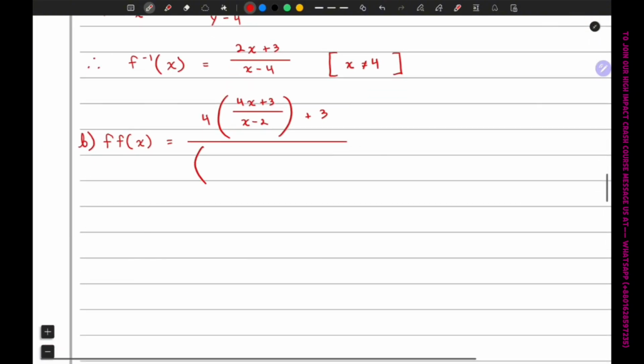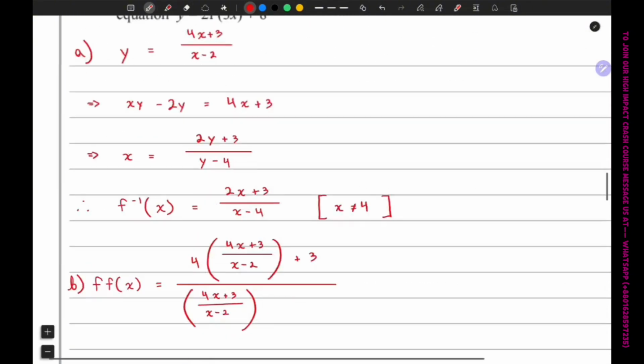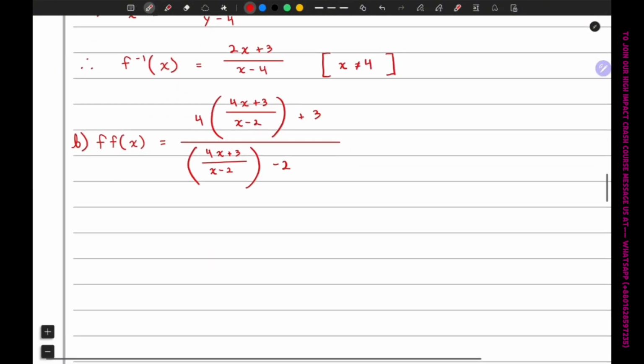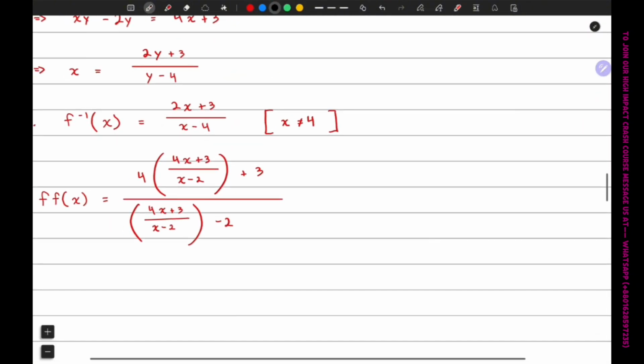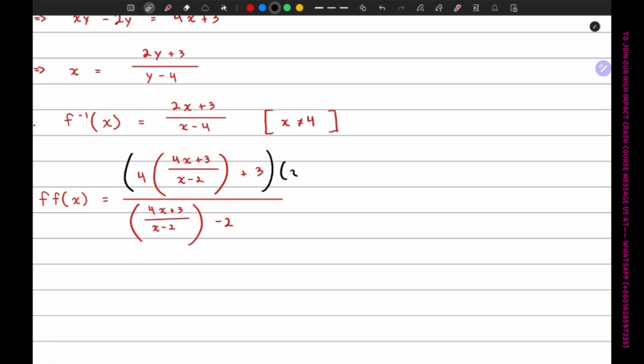So again, in terms of x, we will write the function 4x plus 3 divided by x minus 2, and minus 2. Now what we can do is multiply this whole fraction, the numerator by x minus 2 and the denominator by x minus 2 also, in order to get rid of these.